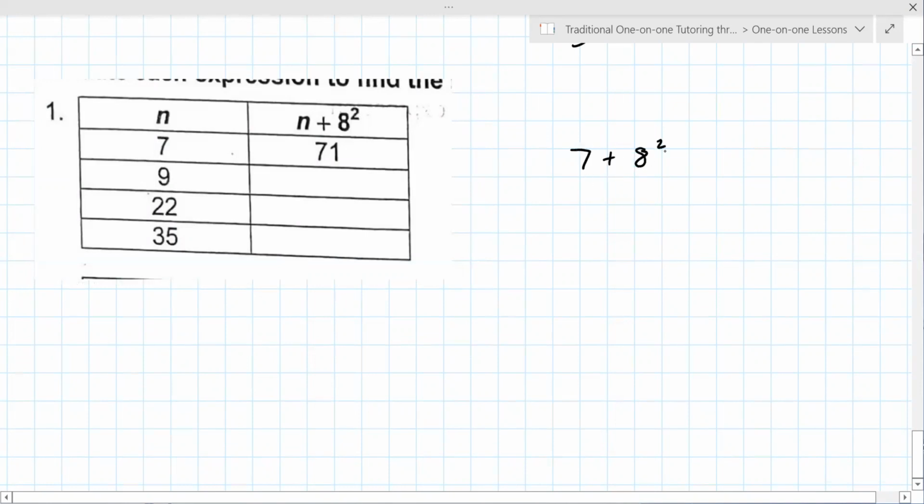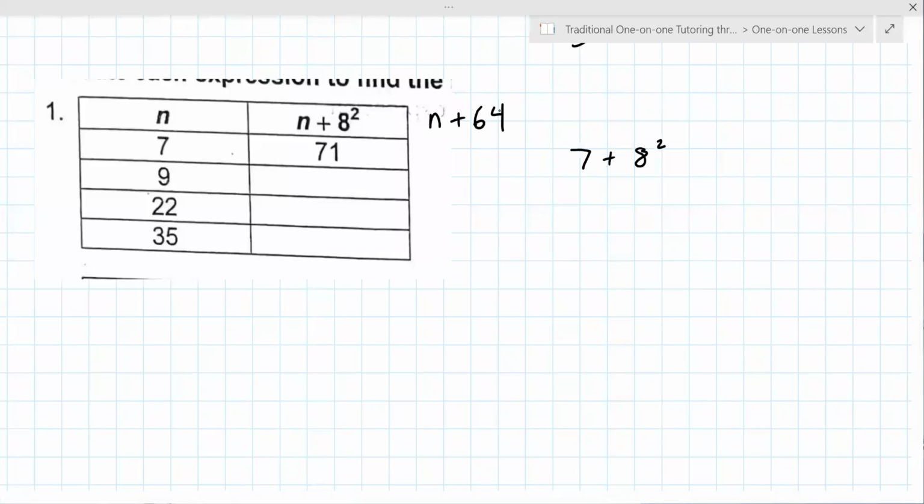Do you add or do you perform the exponent first? Exponent. Yes. And 8 squared is always 64. So really what you're doing is n plus 64. So like 9 plus 64, 22 plus 64. Exactly. So if you have an exponent and a number, just evaluate it right away. And then you can do the table much faster.